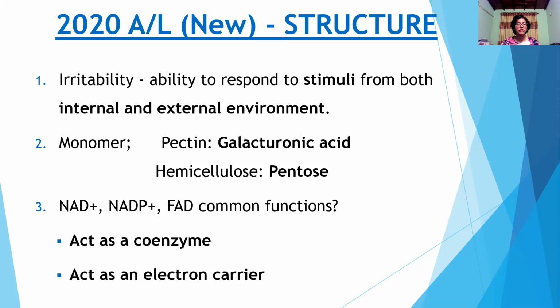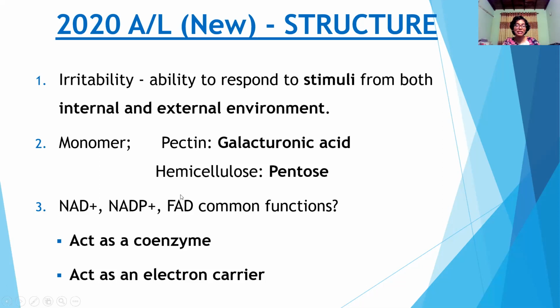Then the next question is NAD plus, NADP plus, FAD. What are the common functions of these coenzymes? So they act as coenzymes, and they act as electron carriers. This is also mentioned in your text. You all know these NAD plus, NADP plus, FAD.